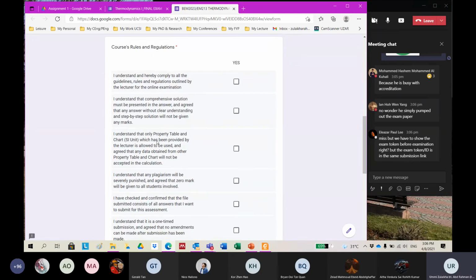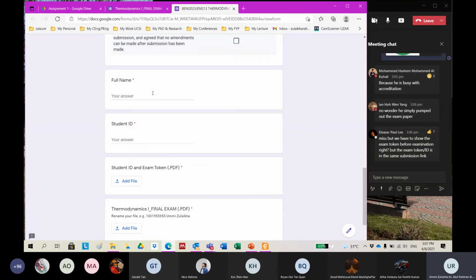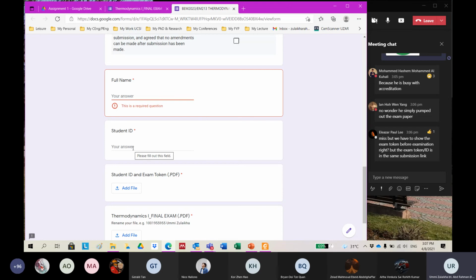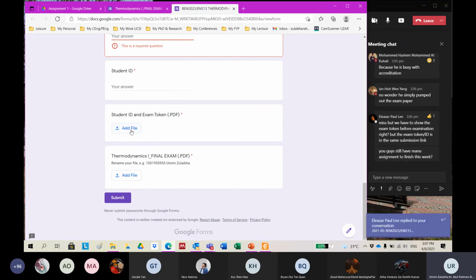The rest are similar to your test or other internal assessments. You need to provide your full name, student ID, and student ID and token here. I already combined them, that's why I said these two items you need to combine into one PDF file.